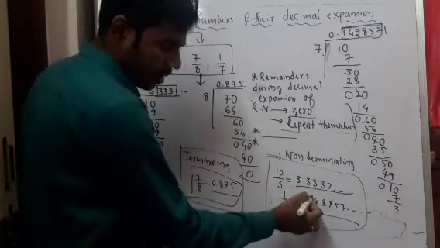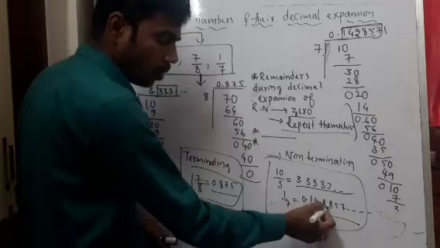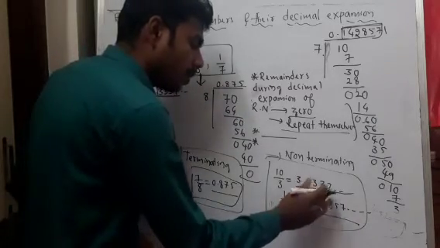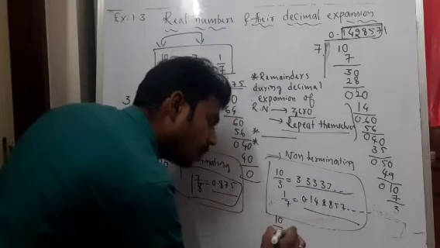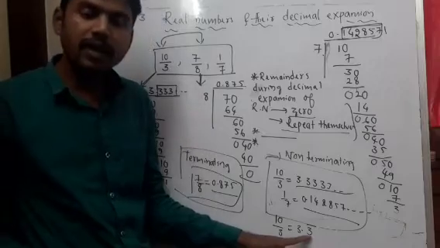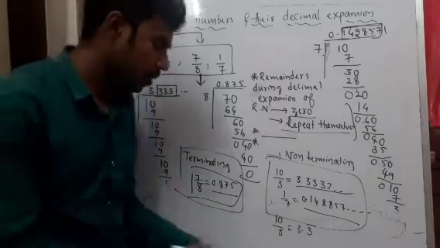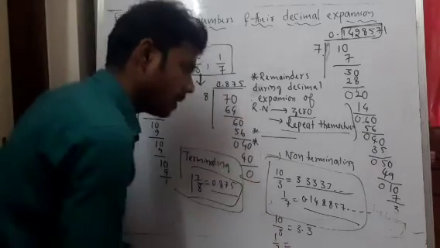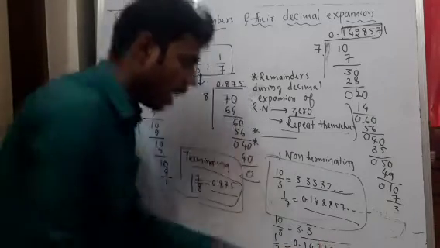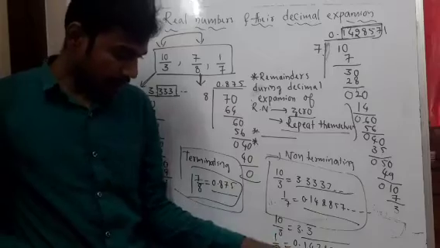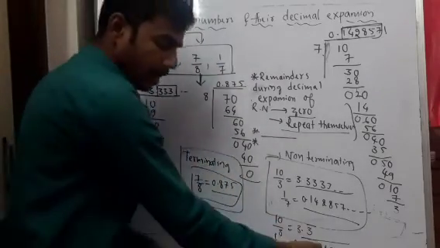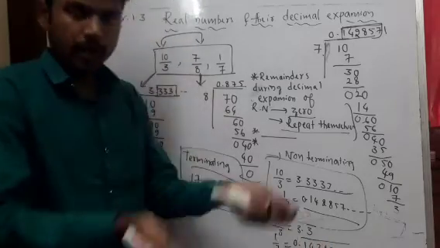Here 3 is repeating, and here 1, 4, 2, 8, 5, 7 is going to repeat. So 10 by 3 can also be written as 3.3 with a bar over the 3, indicating that it repeats again and again. Similarly 1 by 7 is 0.142857 with a bar, indicating these digits repeat again and again.